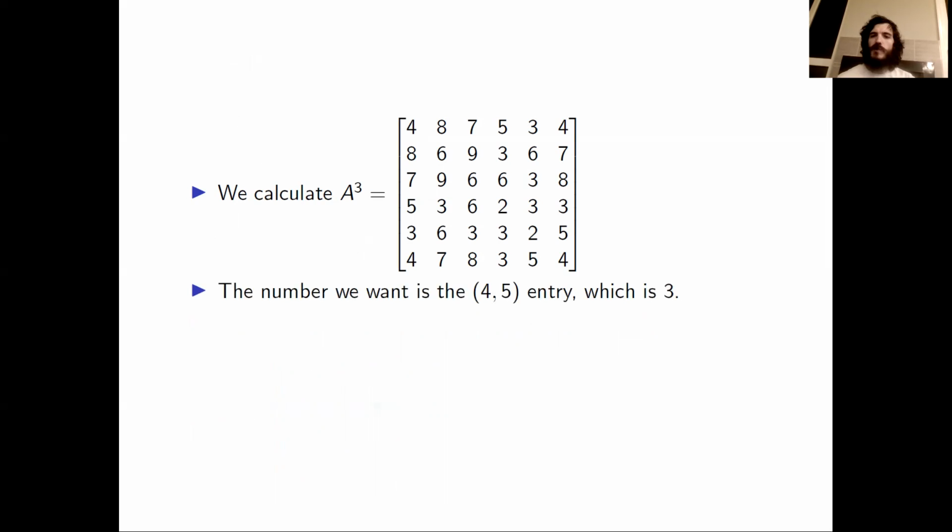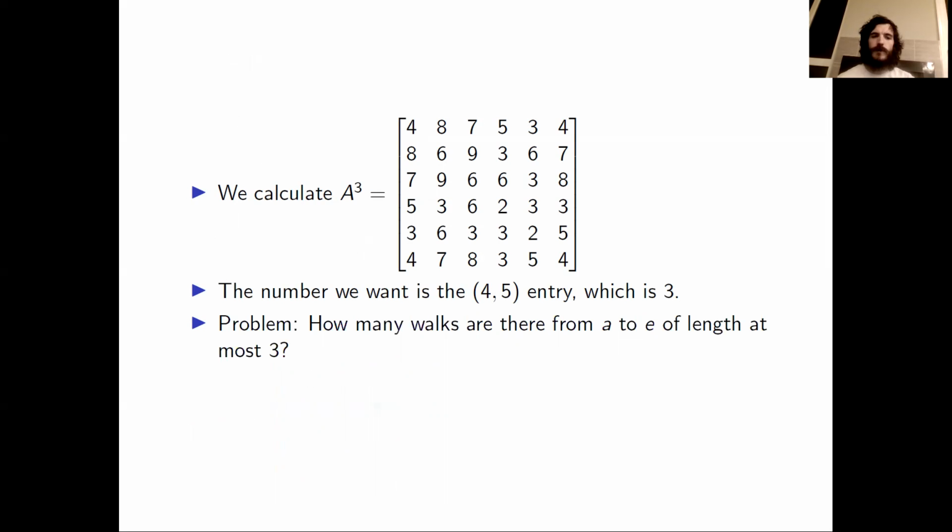So the adjacency matrix told us that there are 3 walks of length 3 from D to E. And that agrees with what we saw with our eyes.